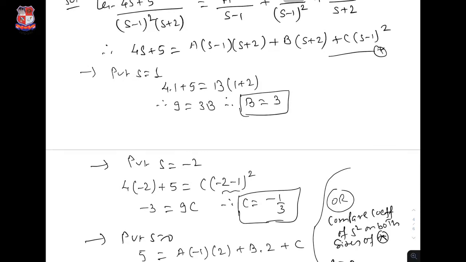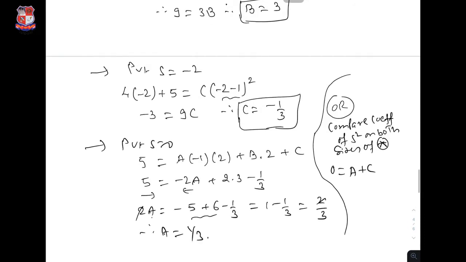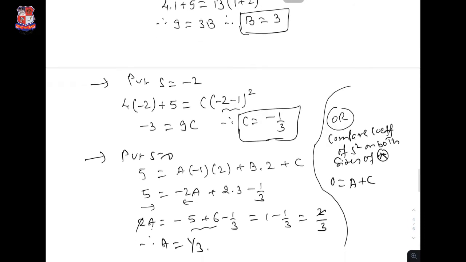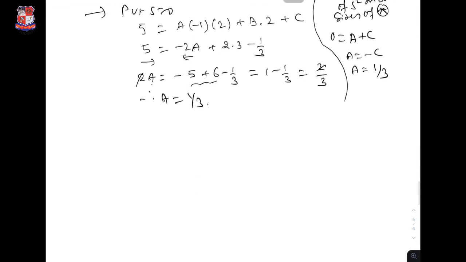There is no s square term here, and here when you simplify, there will be s square and its coefficient is c. So a plus c equal to 0, and c is minus 1 by 3. So a equal to minus c, so a equal to 1 by 3. So that is also another way.